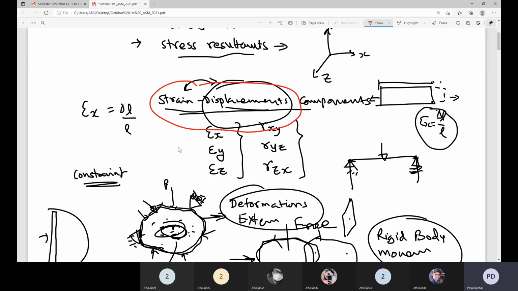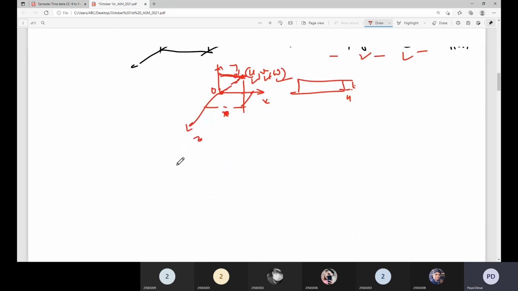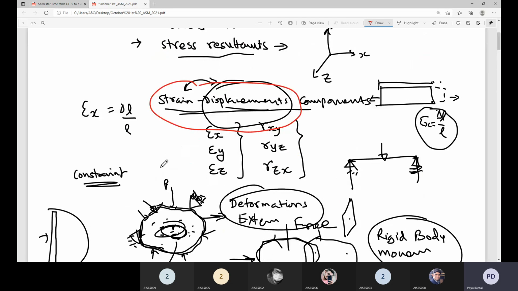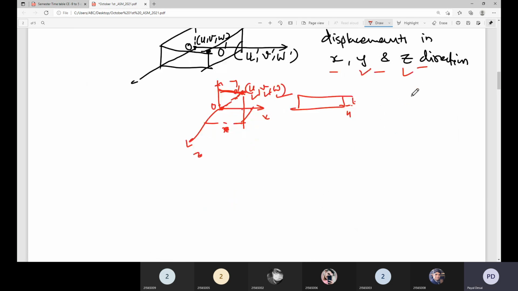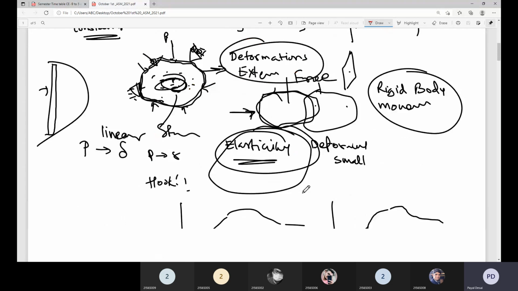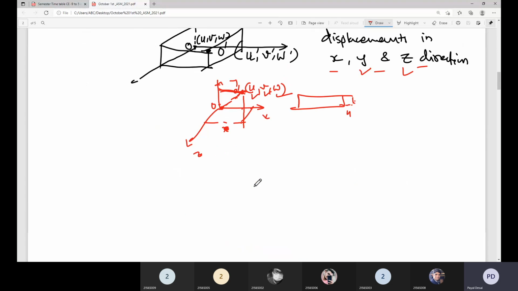So we have to draw the deformed geometry and establish the relations based on it. If a point is displaced within the body, you can just draw the diagrams, show how the deformation has taken place, and relate and calculate strain and displacement. So let us investigate how to derive those formulas for strain displacement relations in three dimensions. This was the preliminary background that I discussed.